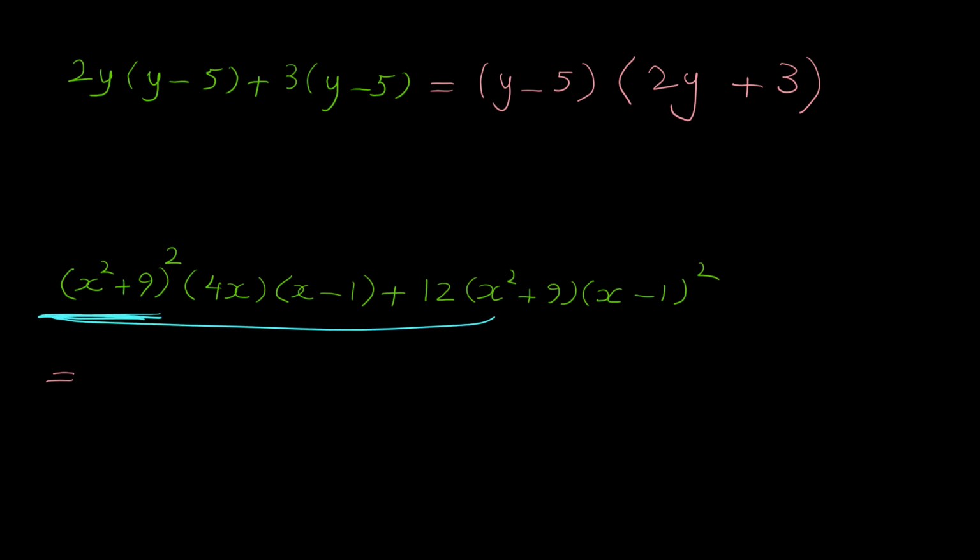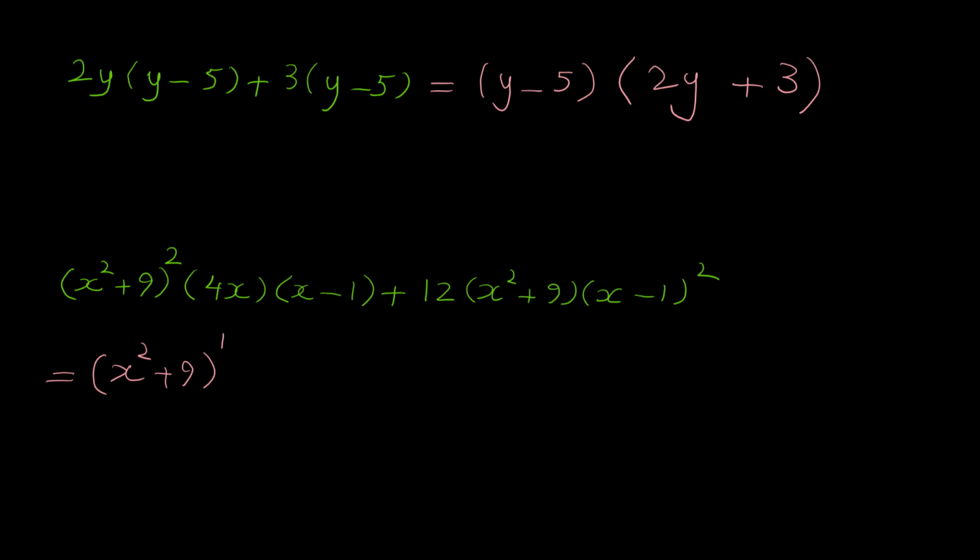So these two are the same, but one of them is with power 2, the other one is with power 1. And we know that when we factor, we always take the smallest degree. So we can factor x to the 2 plus 9 to the power of 1.